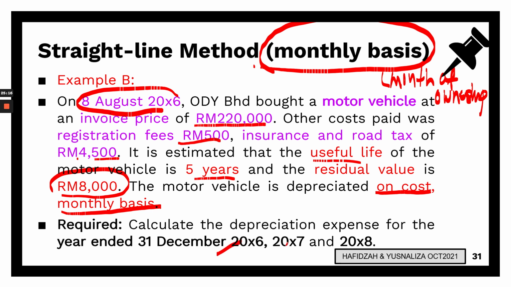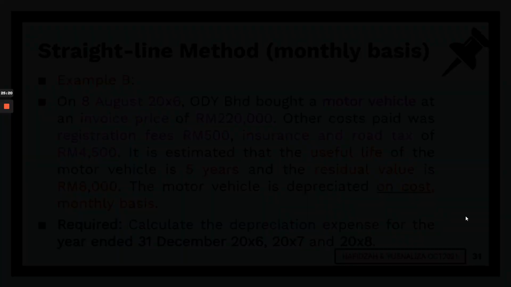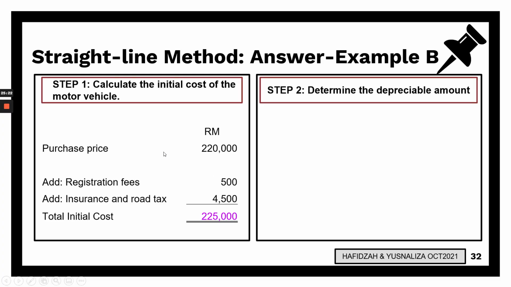You have to calculate for 3 years again, so you can check that. What is the difference? The difference in this question, you can calculate the purchase price. Here is the purchase price, 225,000, by using the purchase price plus the registration fees, and directly attributable costs are here, these two.